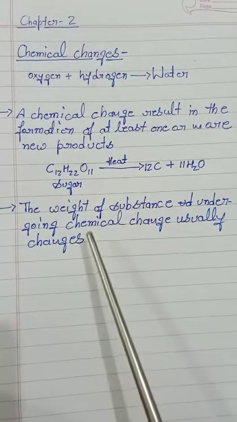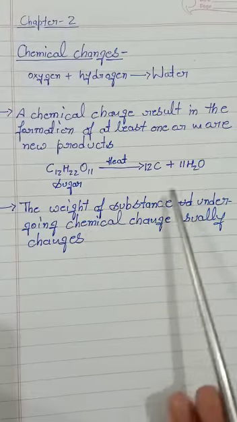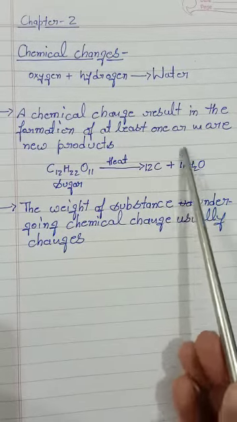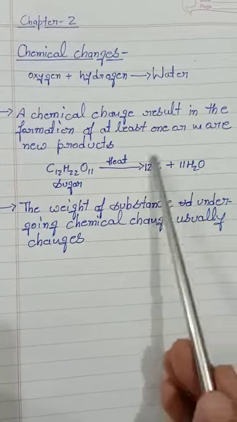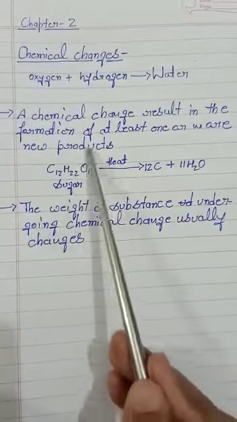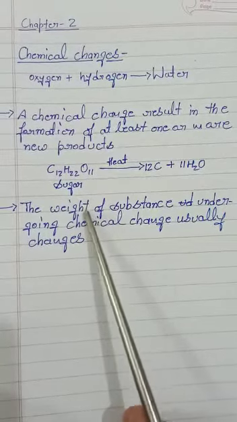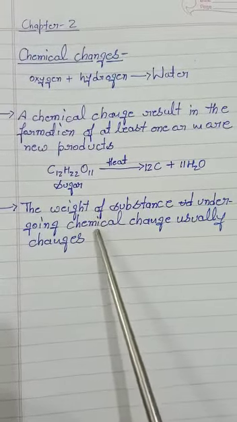However, this is an apparent change in weight. If we take the weight of steam into account and add it to the weight of carbon, then the total weight will be equal to the weight of the sugar crystals. Thus, strictly speaking, the total weight of substances taking part in a chemical change remains constant.